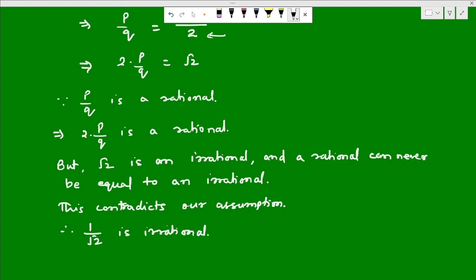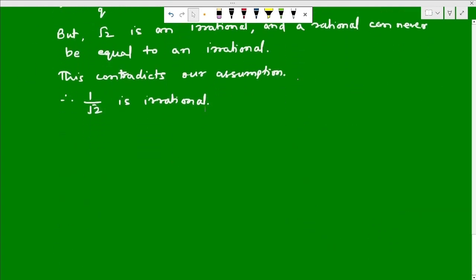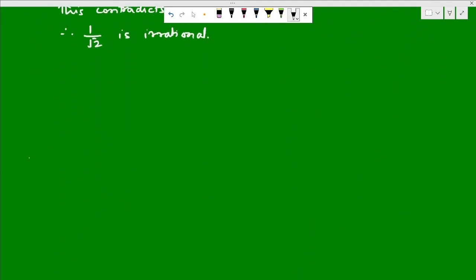So the first one is done. What's the second question? The second is 7 root 5. In the same way, I think it becomes very simple to you, and if you have understood, then it's better to try to solve it by yourself. Definitely I'm going to give you a solution here, but it will be better if you try by yourself first, and then come to the video and check your answer.